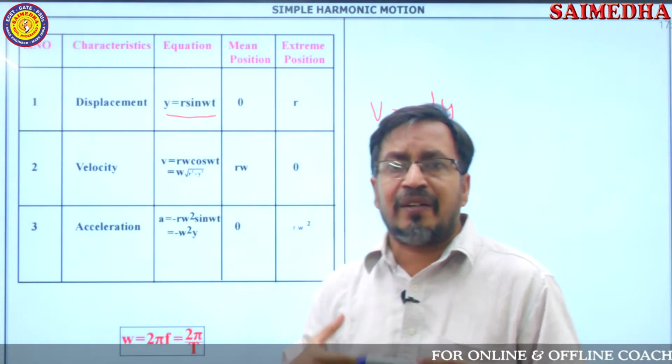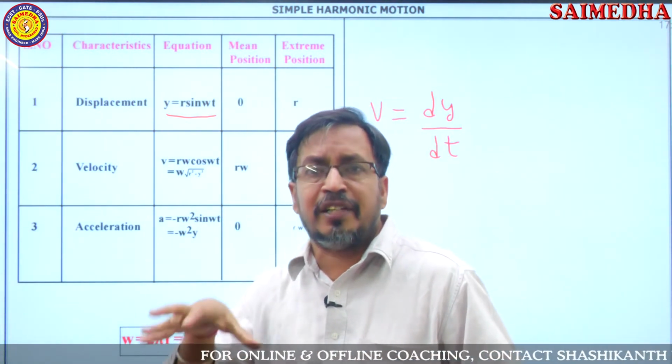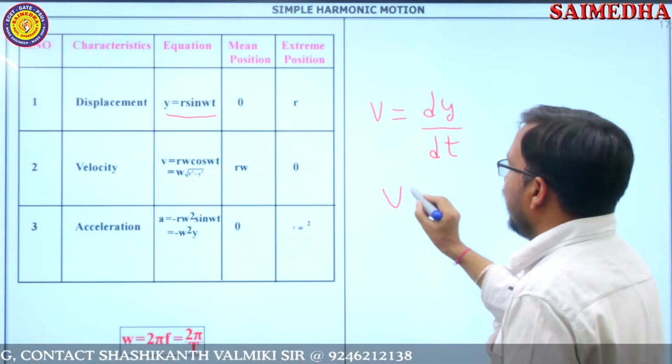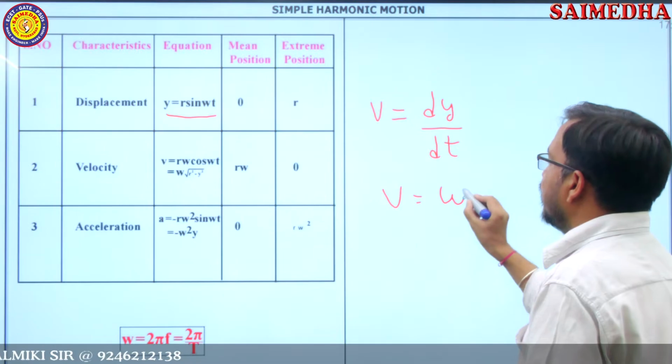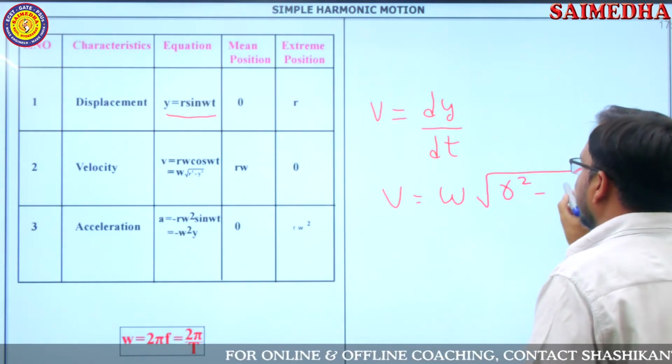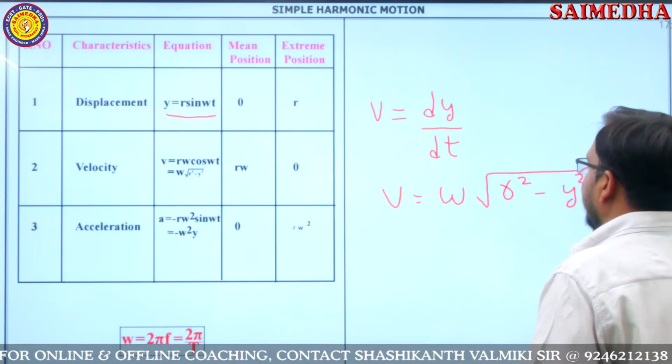Now that velocity equation I converted again in terms of displacement, that is v equals omega into under root of r square minus y square. This is the displacement equation.